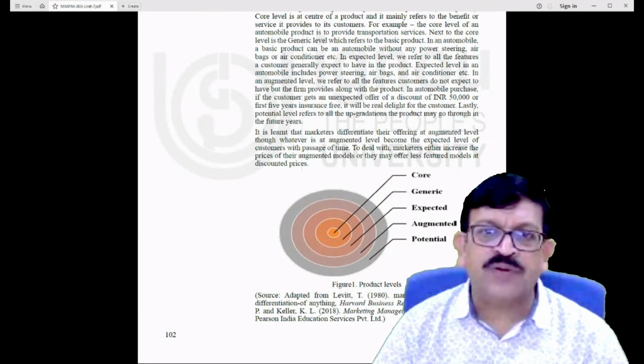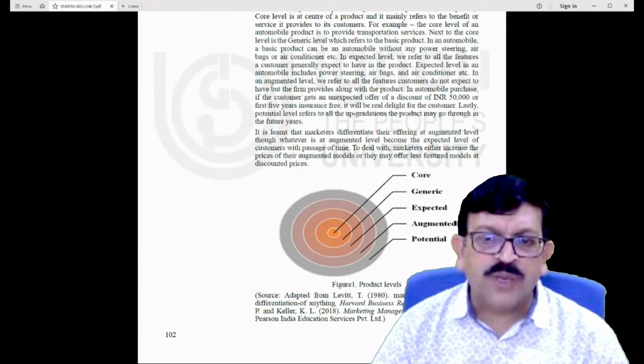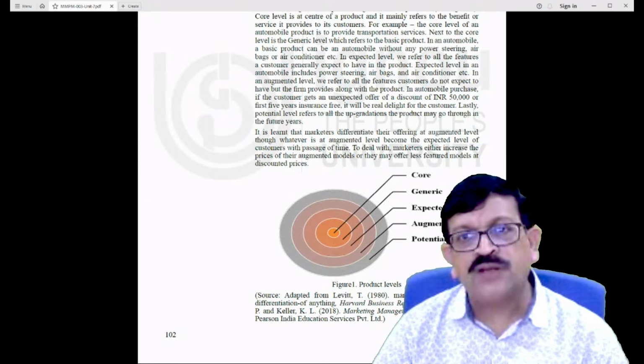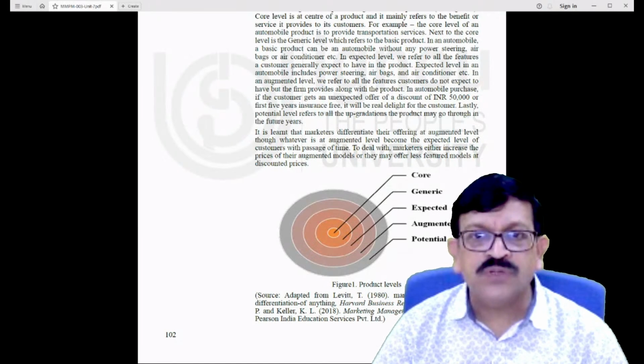The next higher level in the product levels that we talk about is the augmented level of the product. The augmented part gives you a very differentiated offering to the marketplace. Beyond expectation, if one wants to differentiate the product in terms of its offering, then augmentation helps to differentiate that.